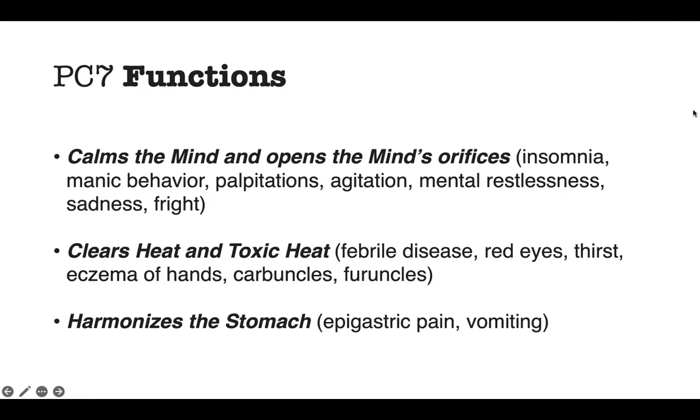Pericardium 7 also clears heat and toxic heat, as in febrile disease, red eyes, thirst, eczema of hands, carbuncles, furuncles. And pericardium 7 harmonizes the stomach, so it's very useful for epigastric pain and vomiting.